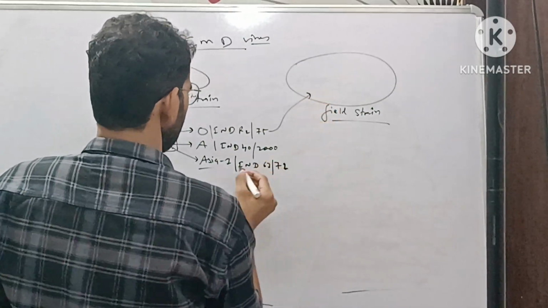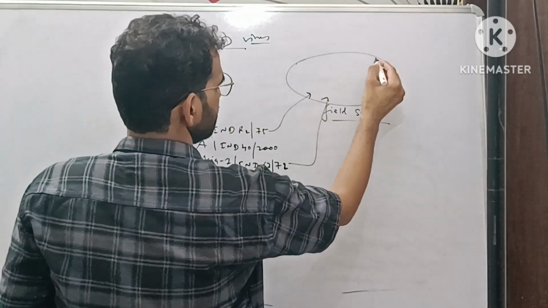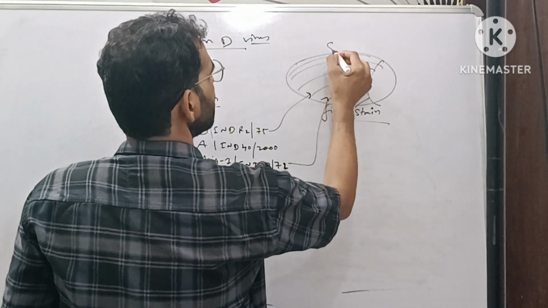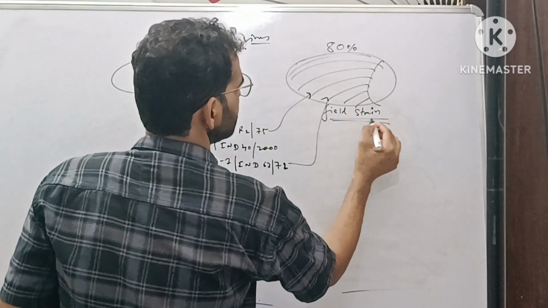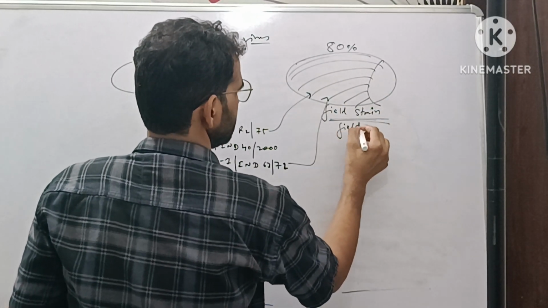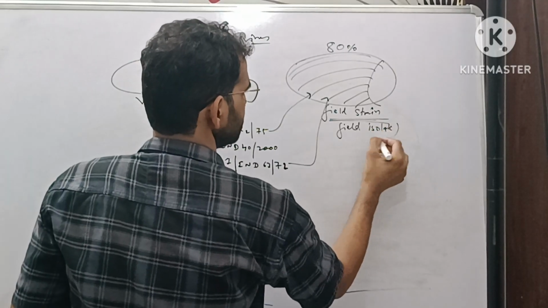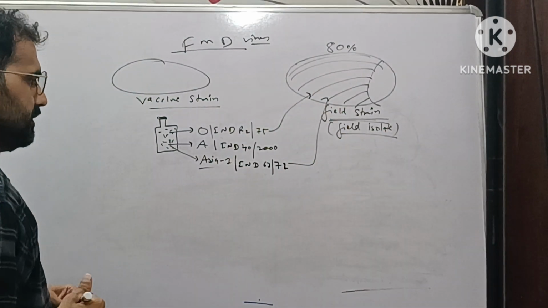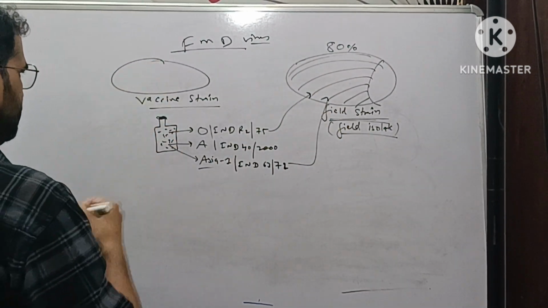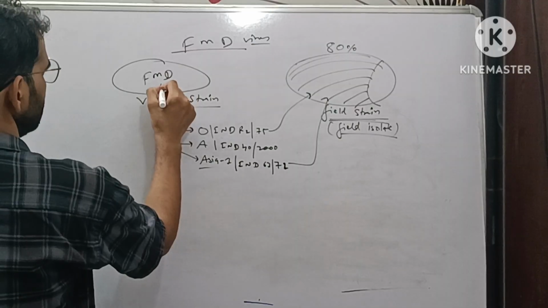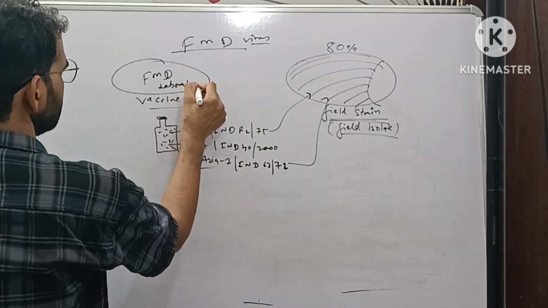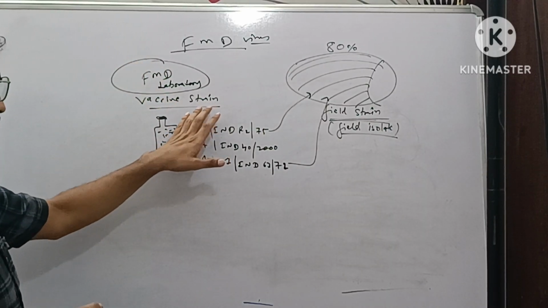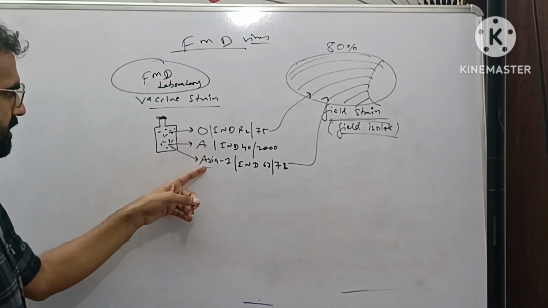This O and Asia 1 cover more than 80% of the field isolates. There is an FMD laboratory, and in that laboratory they are preparing the vaccines using these 3 strains.